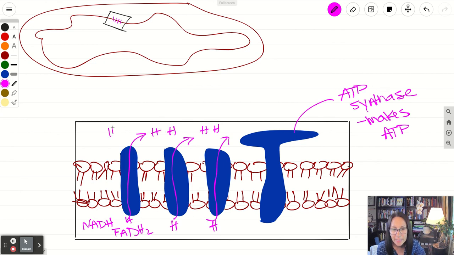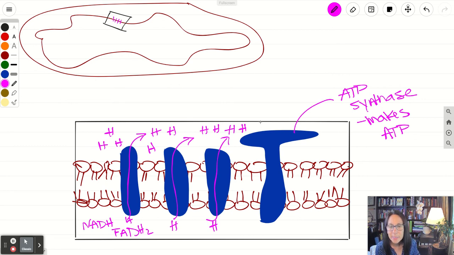So what's going to be happening is there's going to be a higher and higher concentration of hydrogens on the outside of the inner membrane. Okay, so up here, that's called the intermembrane space. So there's going to be a lot of hydrogens pumped in here, more than what's comfortable. Okay, so two things are going to happen right now.